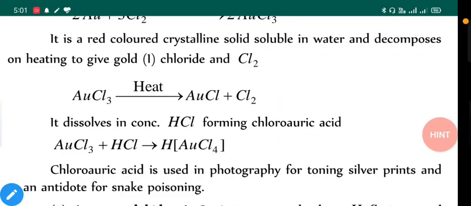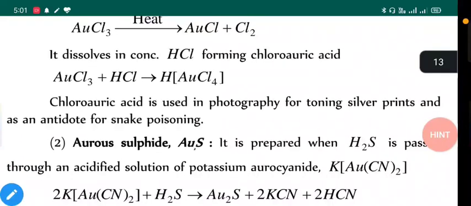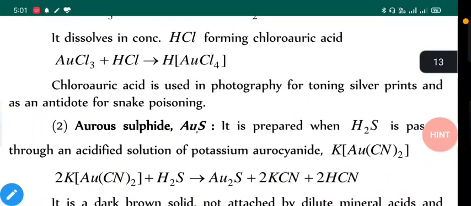So AuCl3 on heating gives AuCl and Cl2. It is dissolved in conc. HCl forming chloroauric acid, which is a complex compound of gold. AuCl3 with HCl gives HAuCl4. Chloroauric acid is used in photography for toning silver prints and as an antidote for snake poisoning.